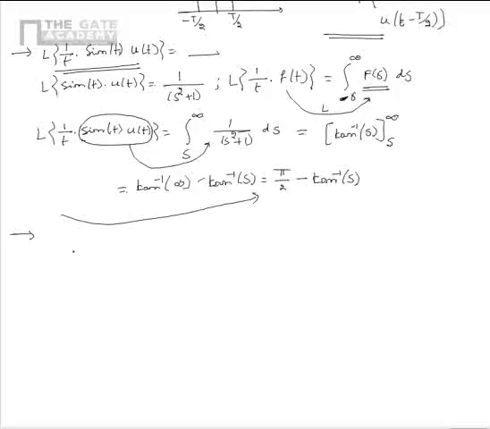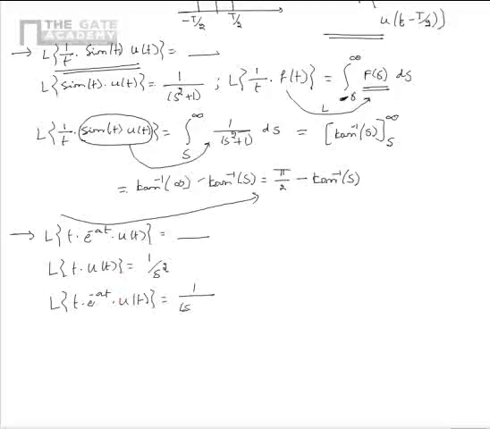Now let us look into another problem as per which we need to find the Laplace transform of t into e power minus at u of t. We know that the Laplace transform of t into u of t is equal to 1 by s square. We also know that the Laplace transform of t into e power minus at u of t would be equal to 1 by s plus a whole square.